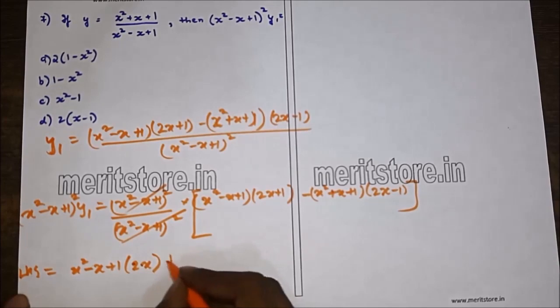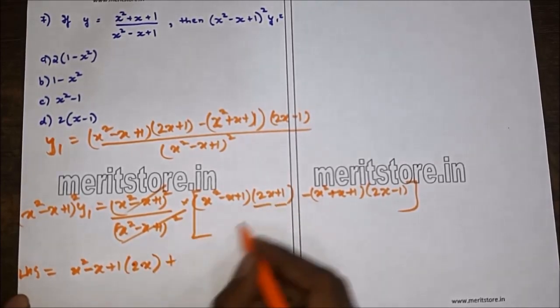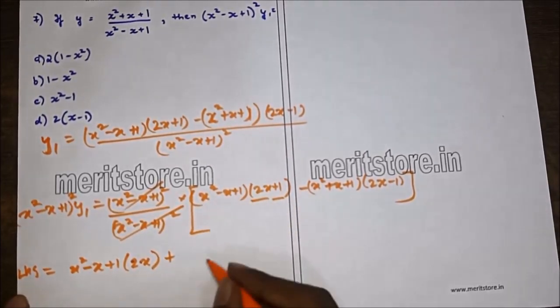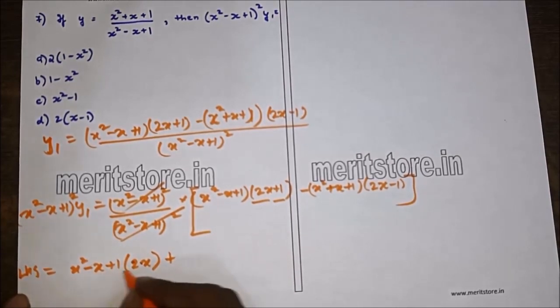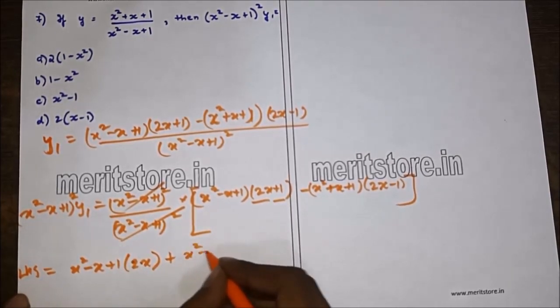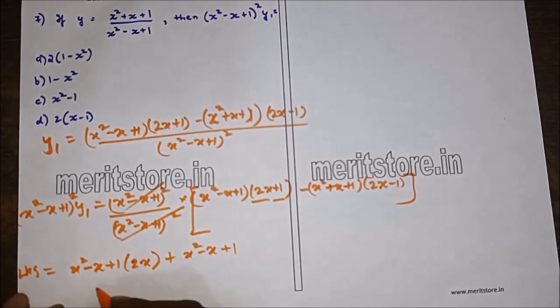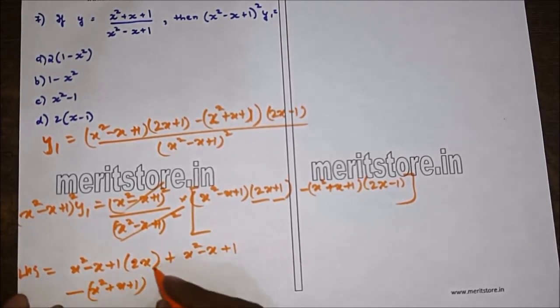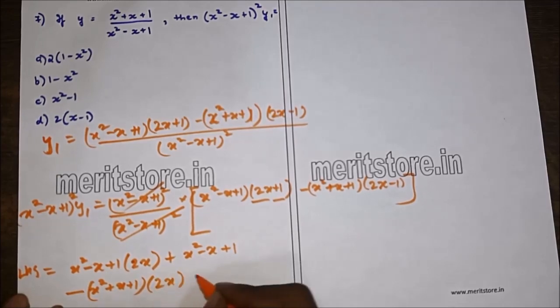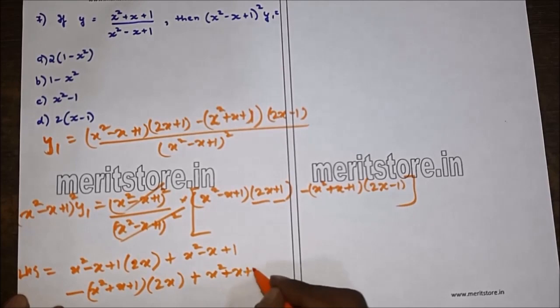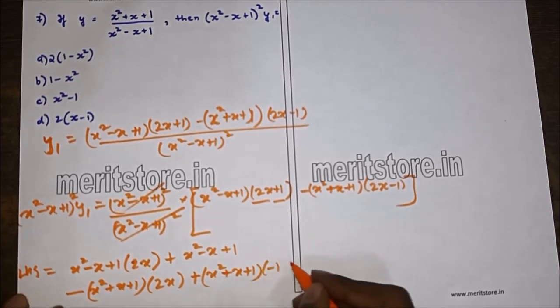2x. We split this term, we expand the brackets, so we get x square minus x plus 1 into 2x plus x square minus x plus 1 minus x square plus x plus 1 into 2x plus x square plus x plus 1 into minus 1 into 1.